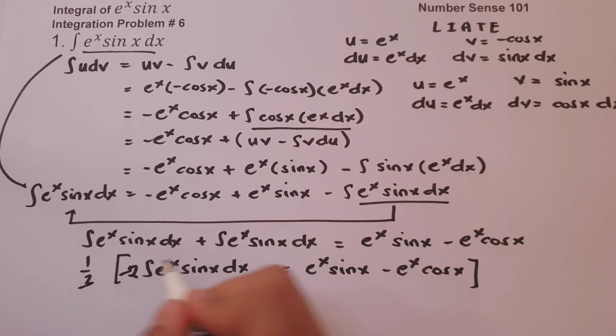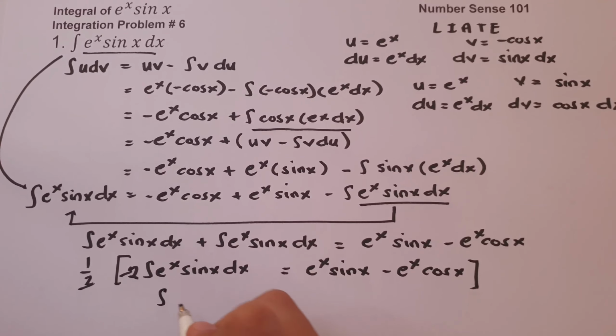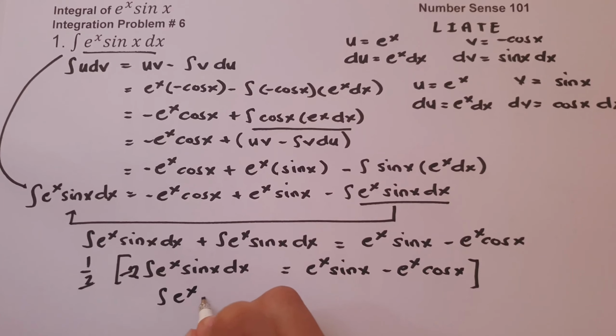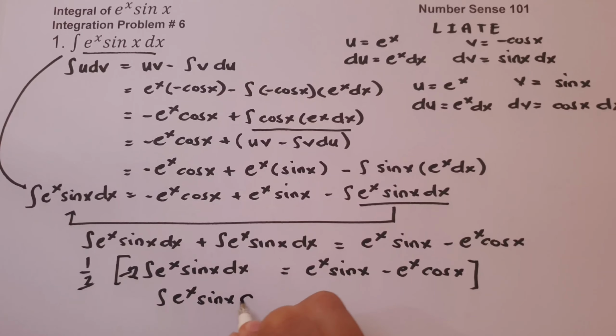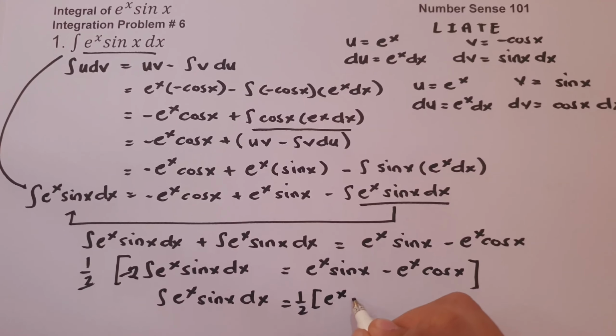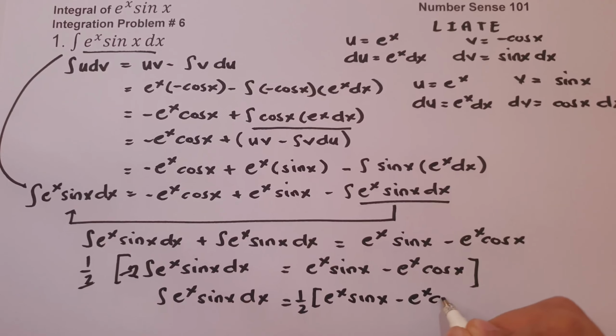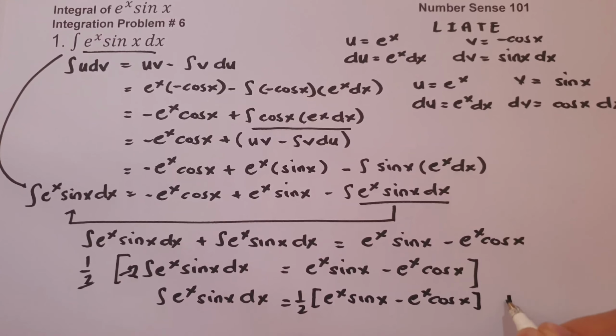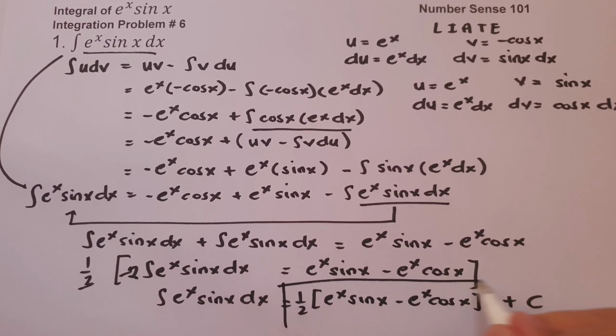So let us cancel this one. So the value of the antiderivative of e raised to x sine x dx is equal to 1/2 times the quantity of e raised to x sine x minus e raised to x cosine x plus c. And this will be our answer.